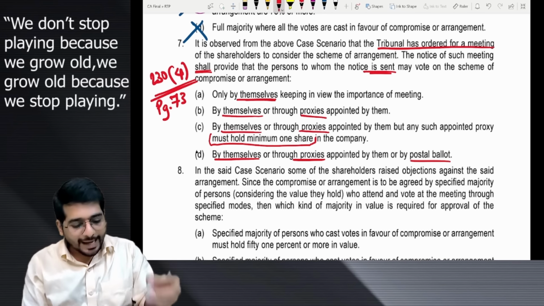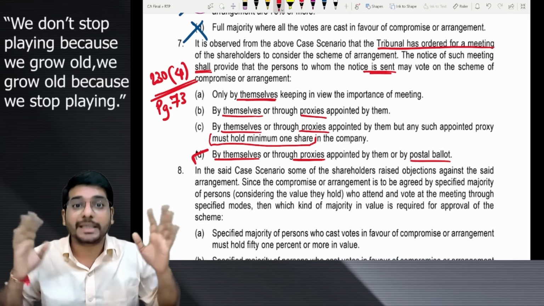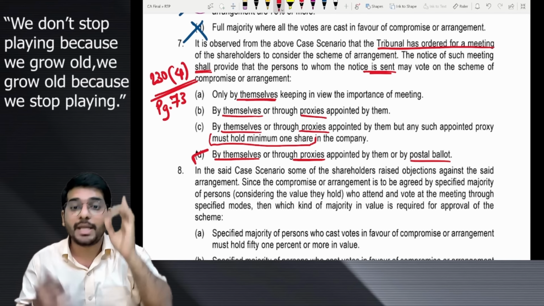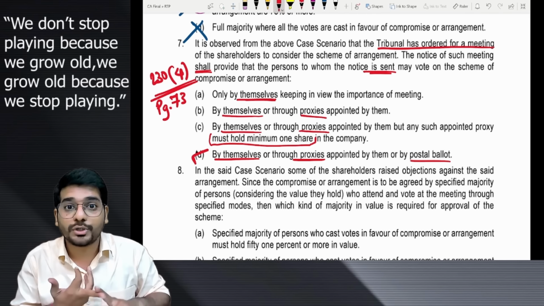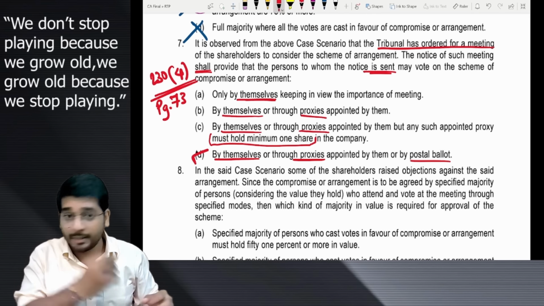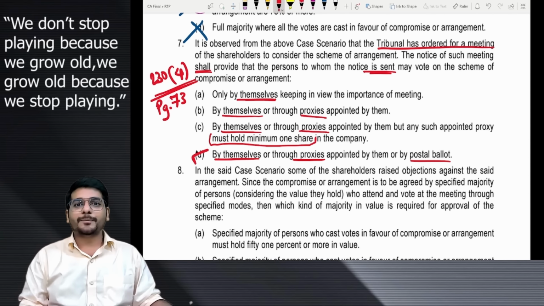Yes, the answer D is clearly written as voting can be done, meeting can be attended by PPP: in person, by proxy, by postal ballot. It is already written over there. It is written in the Bare Act also. I am sure it is written in any other book that you refer to. So the answer is D.